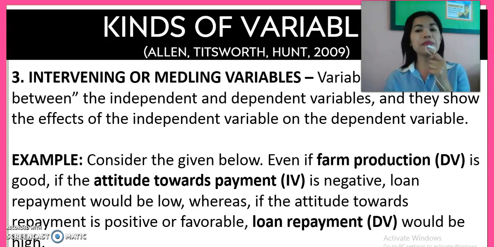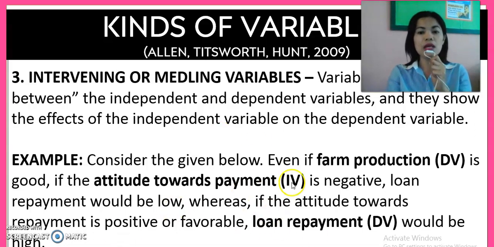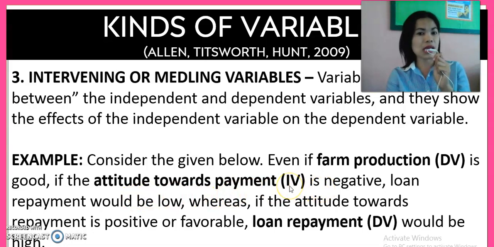Then intervening or meddling variables, the pakialamera variables. These are variables that stand between the independent and dependent variables, showing the effects of one on the other. Let's consider the example. Even if farm production is good, if the attitude towards repayment, the intervening variable, is negative, loan repayment would be low.